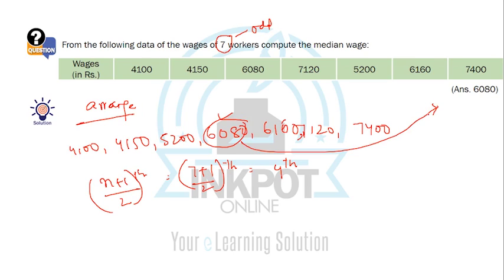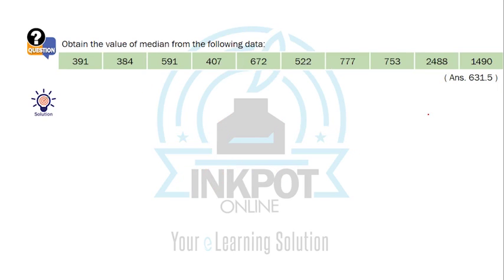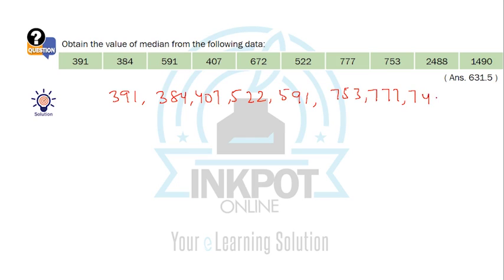If you move further, in my next example, we have to find the median of the following data. So my arrangement is, first number is 391, then 384, then you will have 407, then you have 522, we will have 591, then we'll have 753, 777, after 777 we have 1490, and then we have 2488.